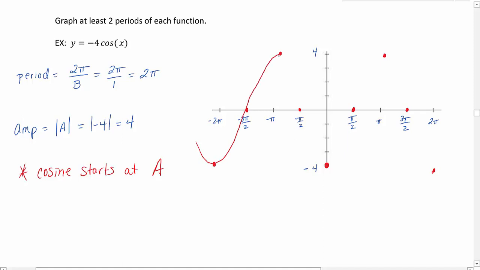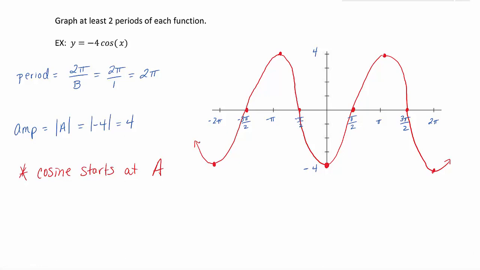This should be a curve and not like a V shape. It shouldn't look like shark teeth. This graph does not have a phase shift or a vertical shift, so this is just it. This is the graph of y equals -4 cosine of x.